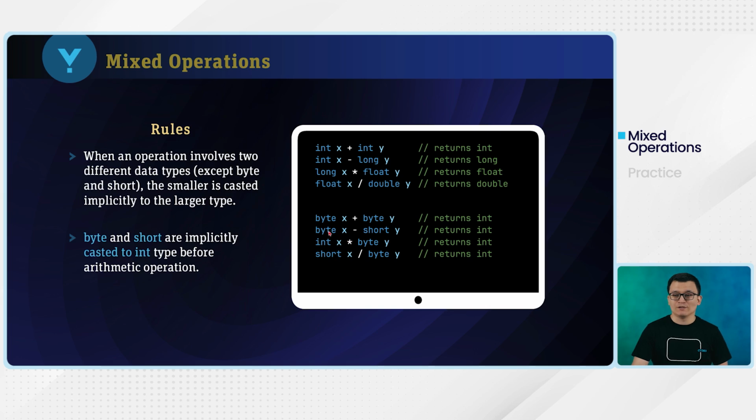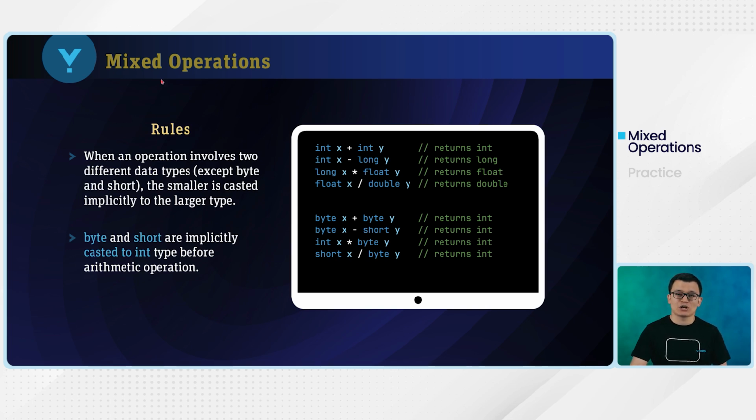And if you have byte minus short, those two variables are also implicitly casted to int, so that at the end the return value will be int. So byte and short you have to be familiar with when it comes to mixed operations, because both are casted to int whenever you use them with the arithmetic operations.